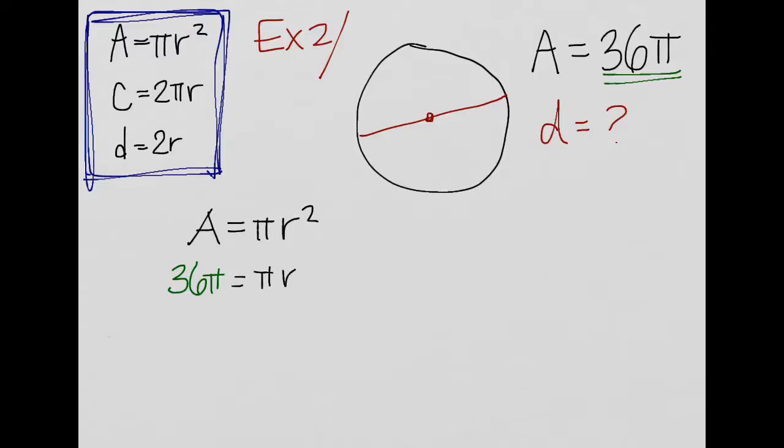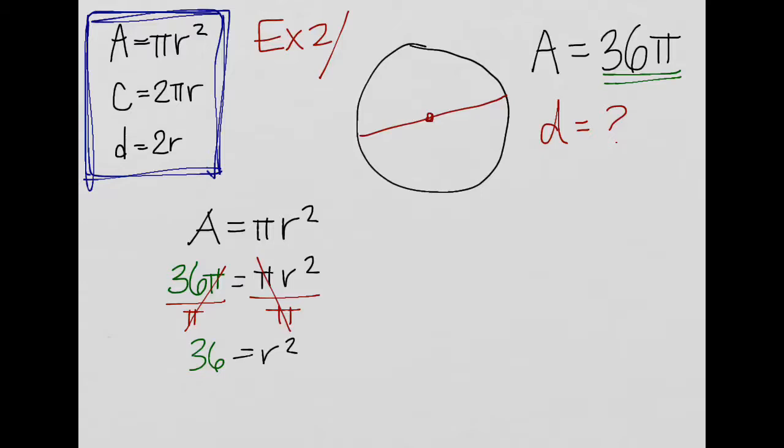So let's see. I have a pi by 36 and I have a pi on this side, and that's going to cancel. Essentially what's happening is I'm dividing both sides by pi, which means those are both going to cancel. So I'm left with 36 equals r squared.